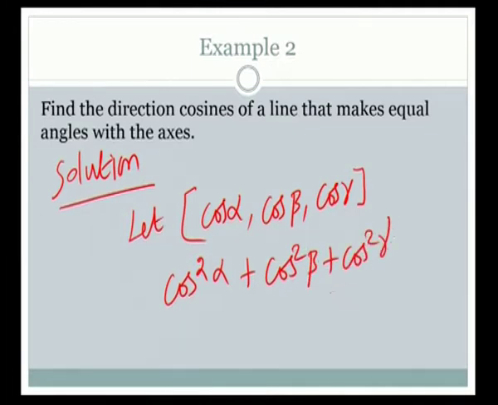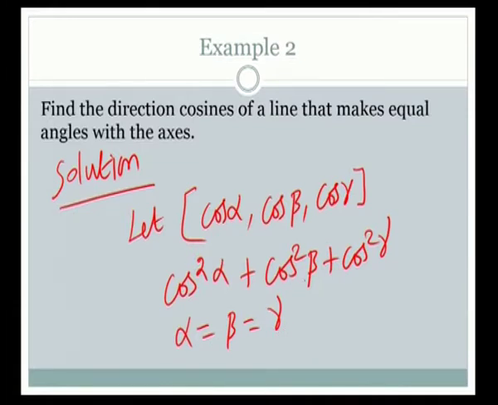This is the relation connecting the direction cosines. According to the problem, alpha is equal to beta is equal to gamma, since the line makes equal angles with the axes.